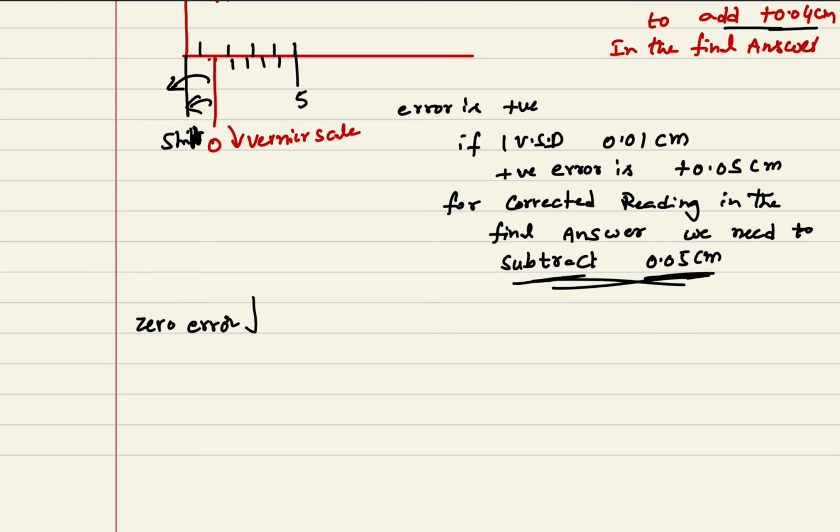Zero error in vernier calipers, two types are there. One is positive zero error, second one is negative zero error.